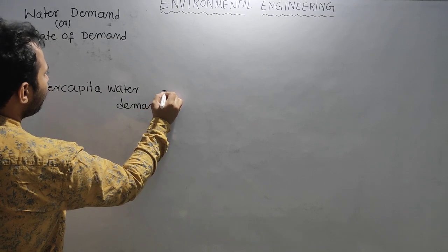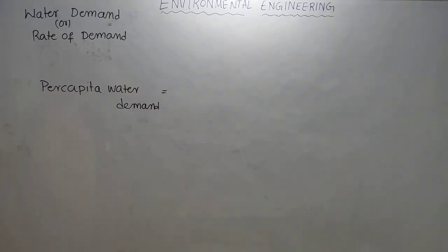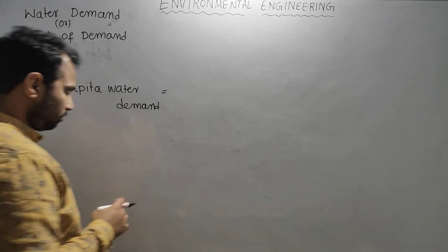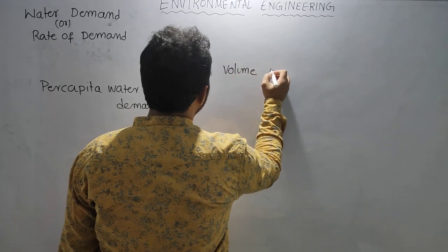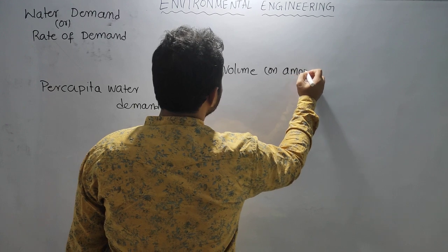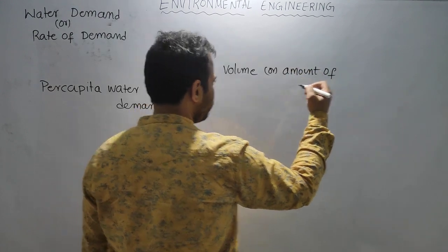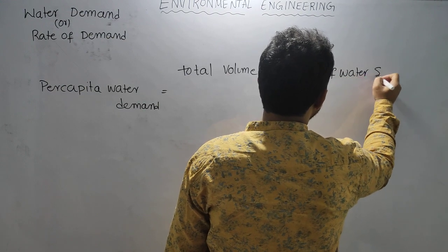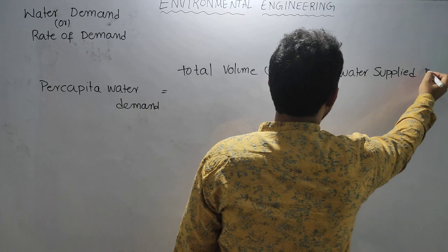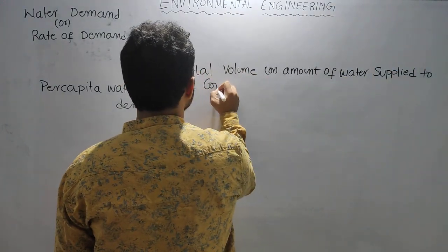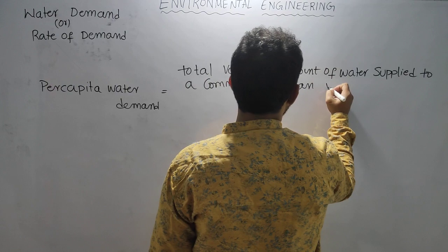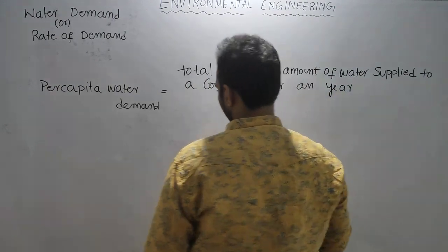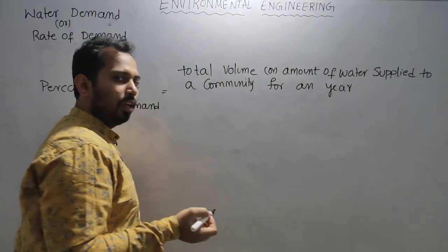The per capita water demand is equal to the total volume or amount of water supplied to a community for a year, because the more data you take, the more accuracy you get, since there will be daily variations and seasonal variations.